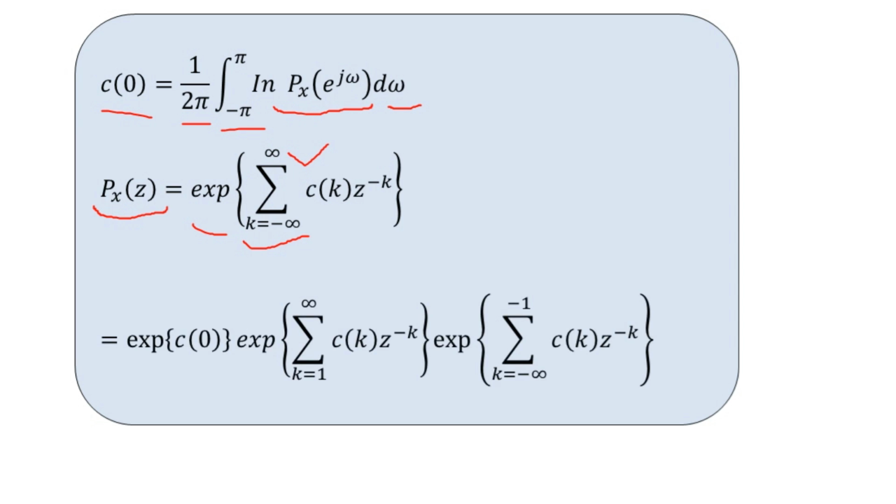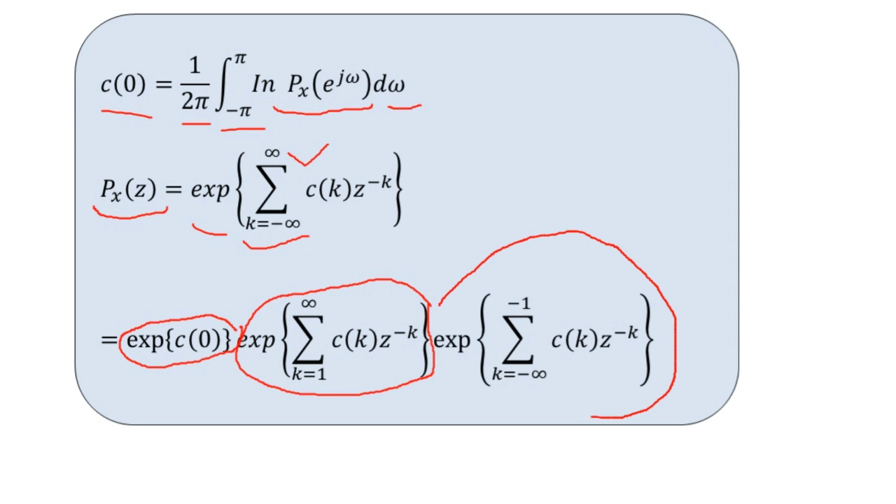So here we take the first component, which is represented as the exponential of c[0]. The second is the exponential of the summation over k equal to 1 to infinity of c_k z^{-k}, and the last one is the exponential of the summation over k equal to minus infinity to minus 1 of c_k z^{-k}.